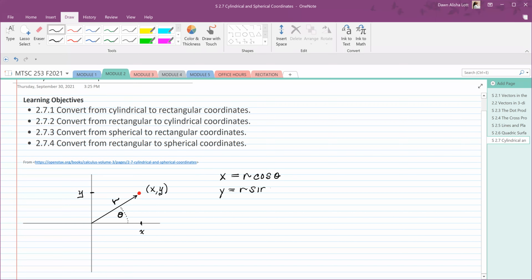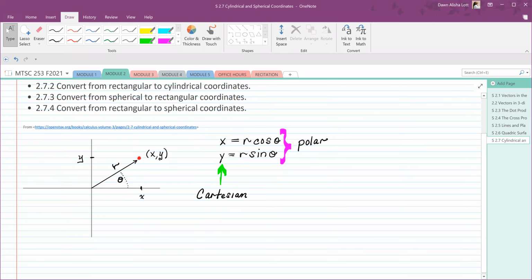This is Cartesian, and these are polar. So that's how we go from polar to Cartesian.